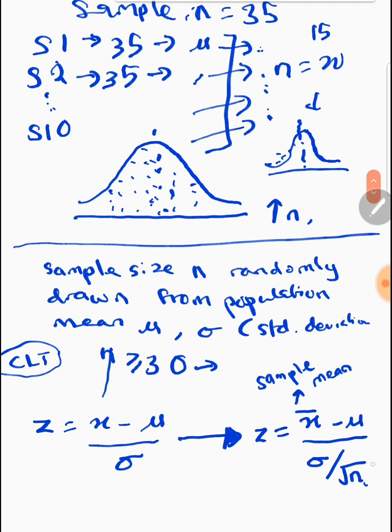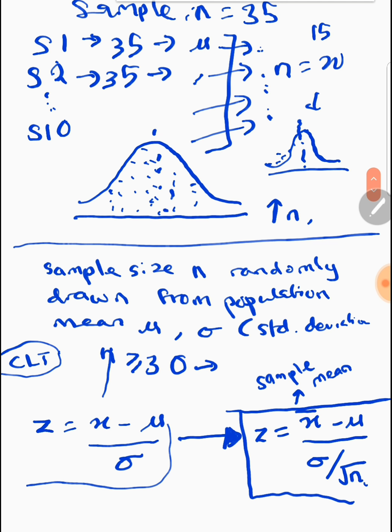Having seen this formula, I hope you are able to differentiate between these two. Basically, if you're just getting the whole population, that's where you use this. This is just our normal distribution.